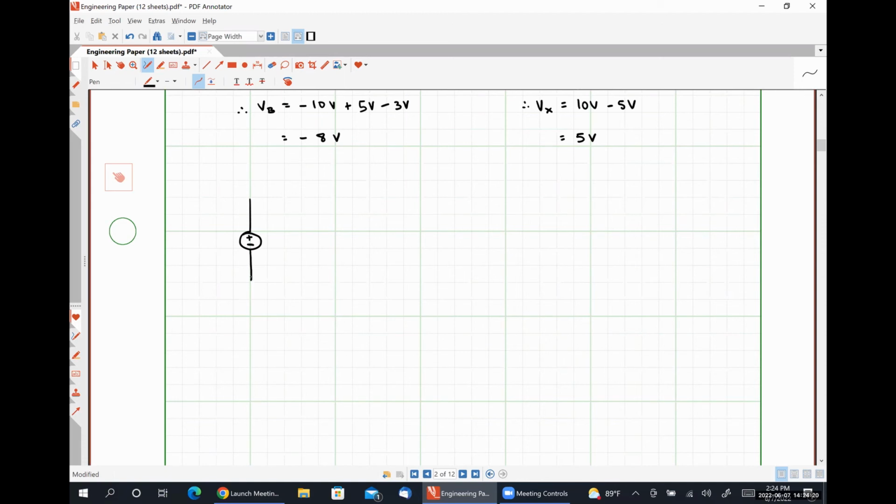Where we have a 120 volt source, a 30 ohm resistor, and then we're going to have a dependent source that provides a voltage of 2 Vx, where Vx will be the voltage drop across this resistor on the right, having this polarity, and this resistor will be a 15 ohm resistor.